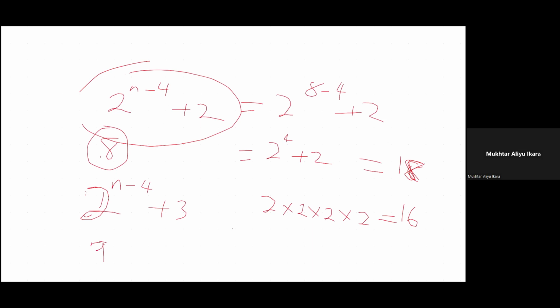So we have 2 raised to the power of 9 minus 4, which is 2 raised to the power of 5. So we have 2 raised to the power of 5 plus 3. So 2 raised to the power of 5 is going to be 32.